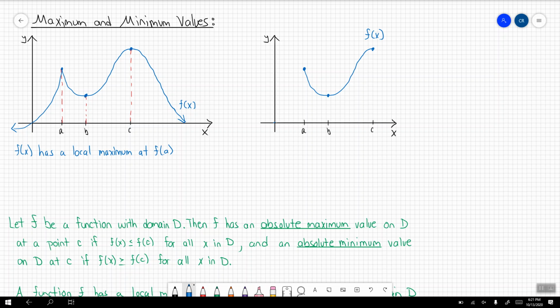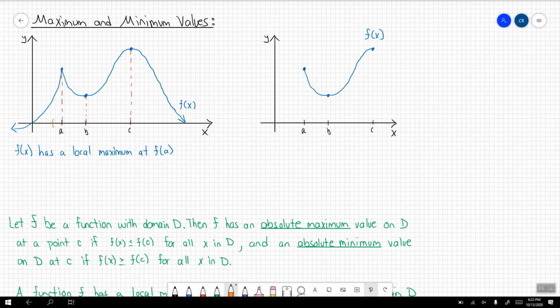Now, this is a local maximum because if we start looking at some interval around the a value, then given some interval around the a value, the output is going to be the maximum value within that given interval. So it doesn't have to be the largest value for the whole function, it just has to be the largest value for a given interval.